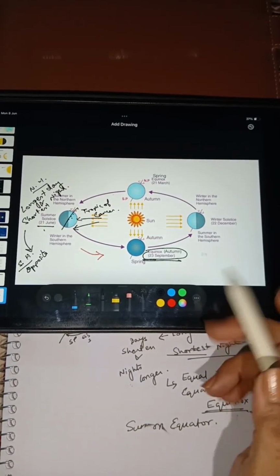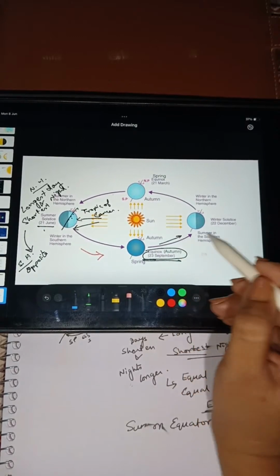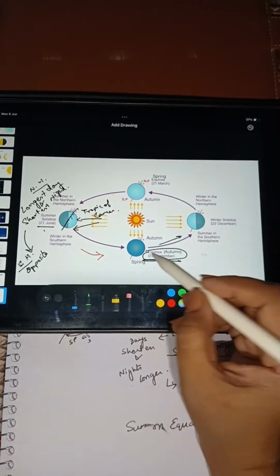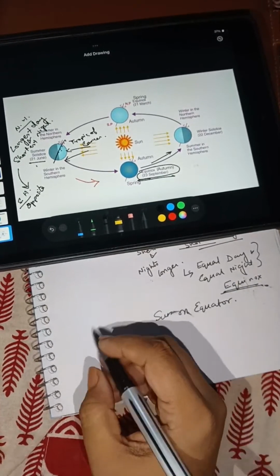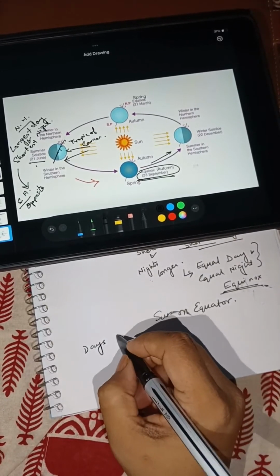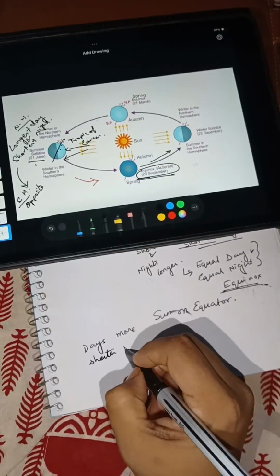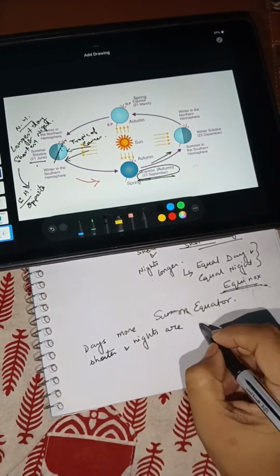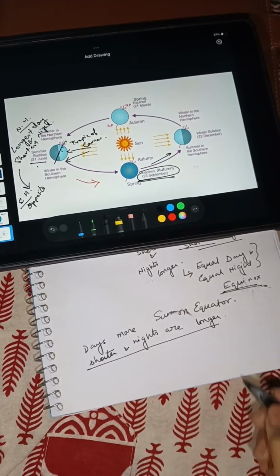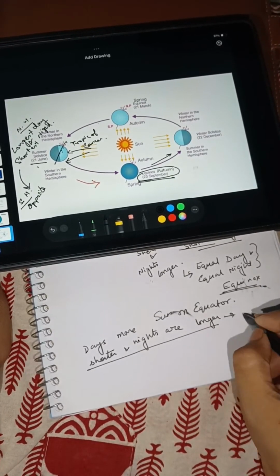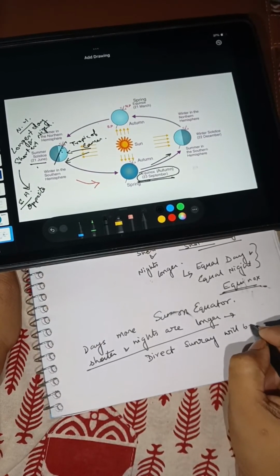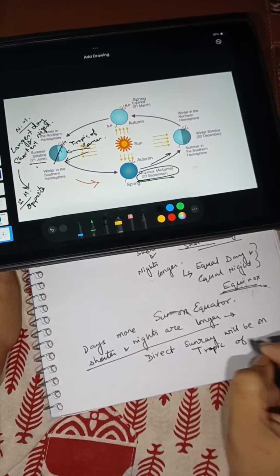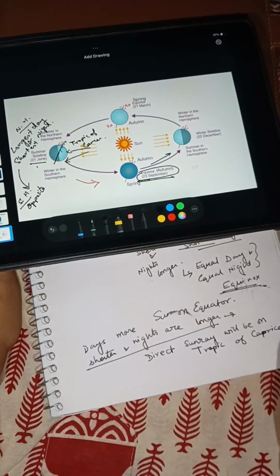Now what happens after 23rd September? The Earth is going to revolve, and as it is revolving, days become shorter. Days started shortening, so days go more shorter and nights are more longer, till it comes to a position where the direct sun ray will be on the Tropic of Capricorn in the southern hemisphere.